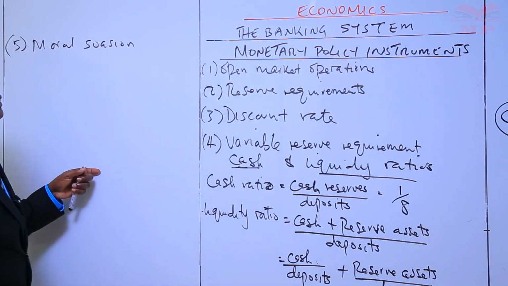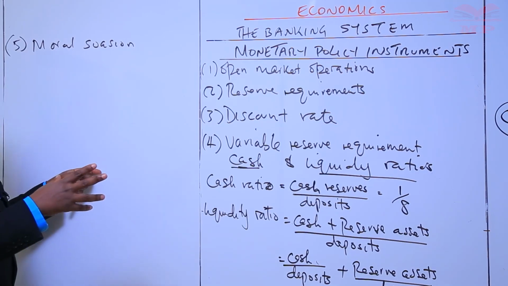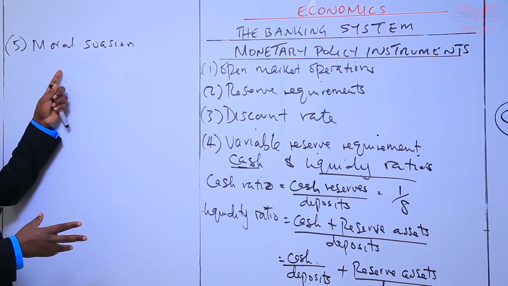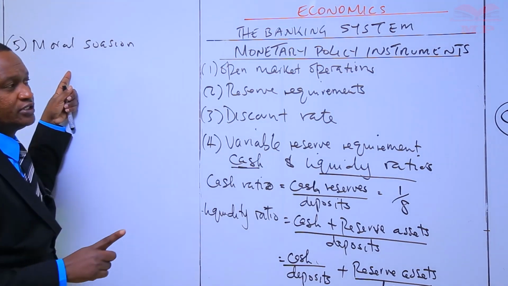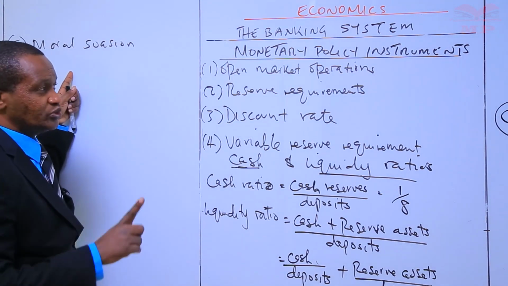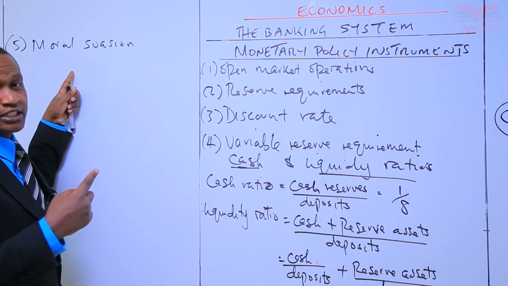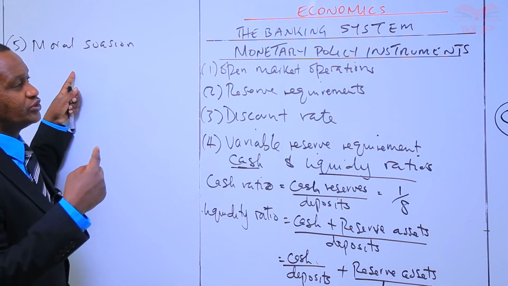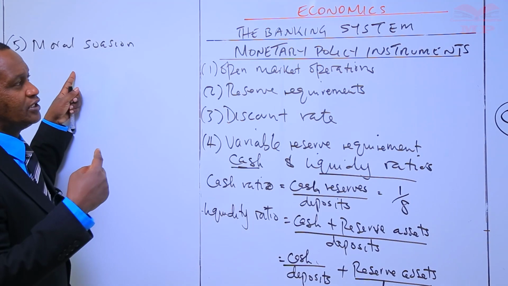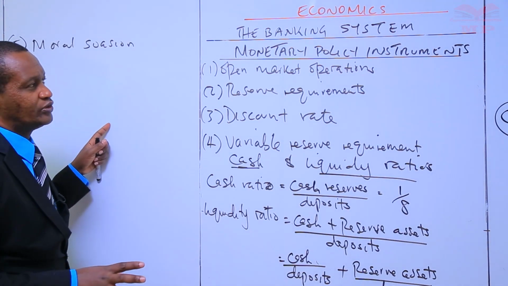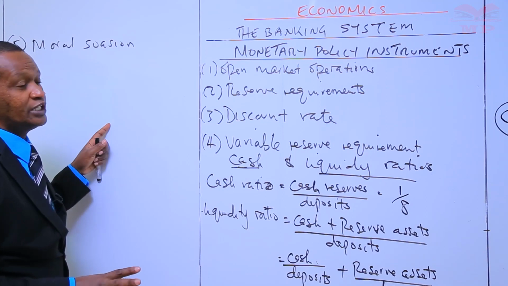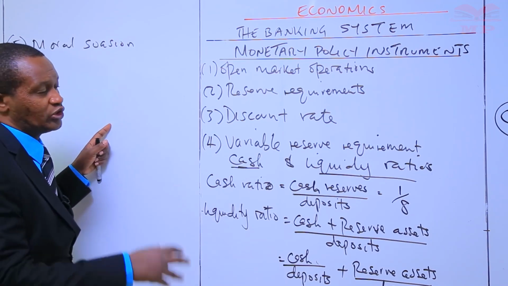Now, candidates, when we are describing moral suasion as an instrument for monetary policy that the central bank can use, the central bank can use suggestion, can advise the commercial banks on the levels of liquidity that is required in the economy.